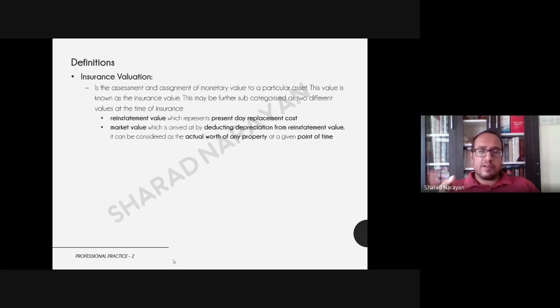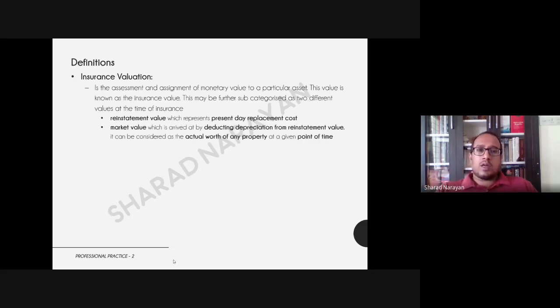So, to give you a clear definition of it, reinstatement value basically takes into consideration the amount of money it will take for you to directly replace an item which has been lost, destroyed, or depreciated. Okay, which has been destroyed by whatever reasons it may be. It talks exclusively about rebuilding the entire structure. Okay, and it does not take into consideration how much the structure has depreciated in terms of its value.